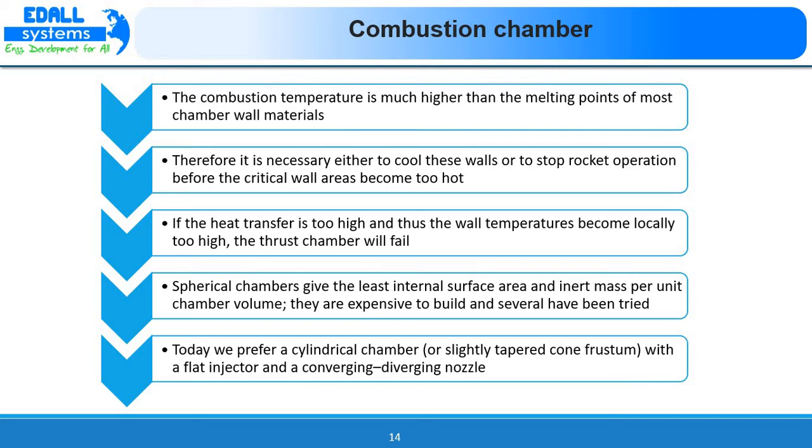If the heat transfer is too high and thus the wall temperatures become locally too high, the thrust chamber will fail. Spherical chambers give the least internal surface area and inert mass per unit chamber volume, but they are very expensive to build and several have also been tried. Today, almost all of us prefer a cylindrical chamber or slightly tapered cone frustum with a flat injector and a converging diverging nozzle.